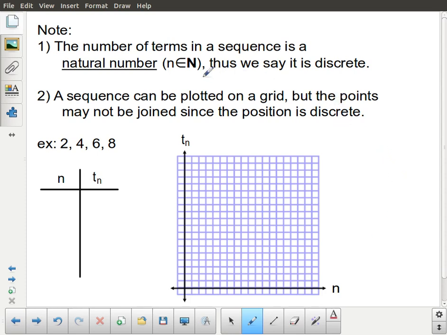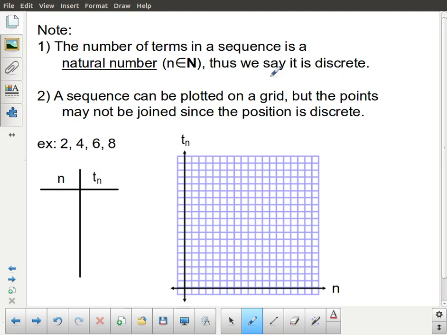Okay, so these terms, term 1, term 2, term 3, they are discrete. And so that means that the number of terms in the sequence is going to be discrete. There's either going to be 1 term or 2 terms or 5 terms or 10 terms.